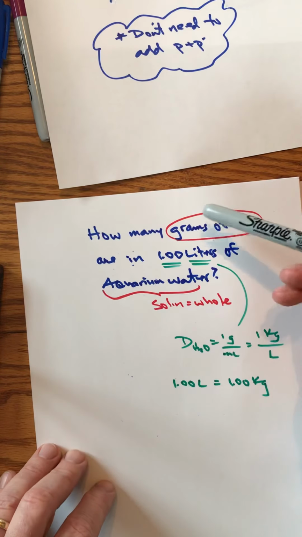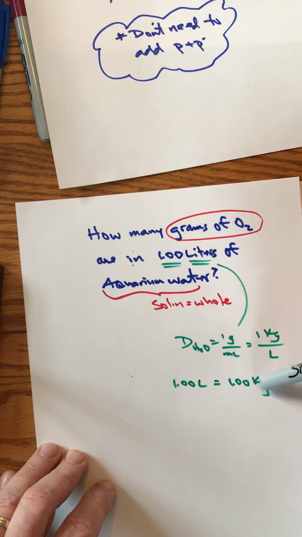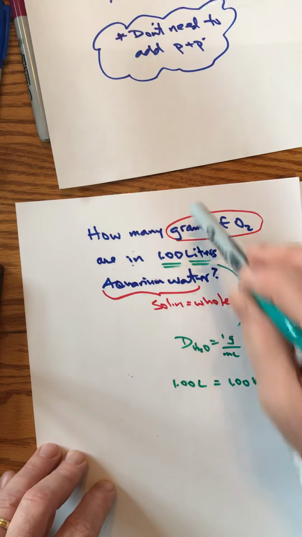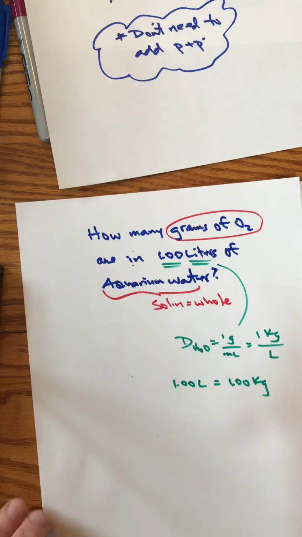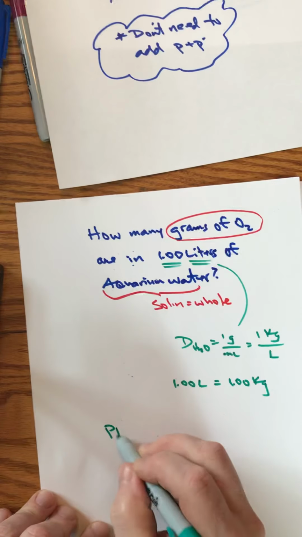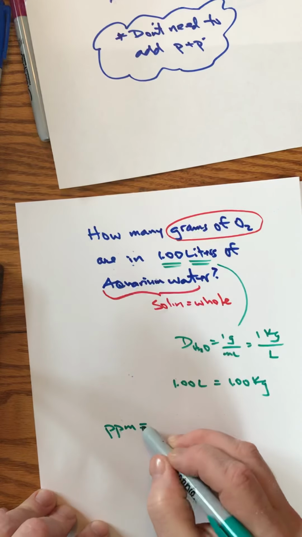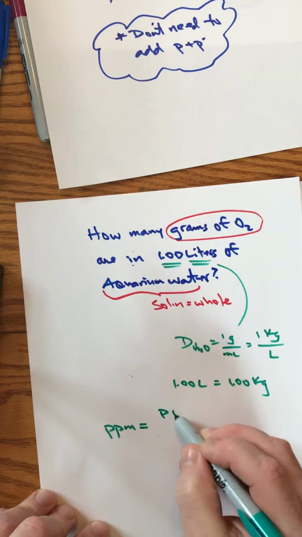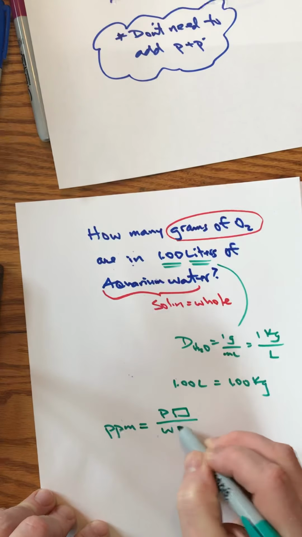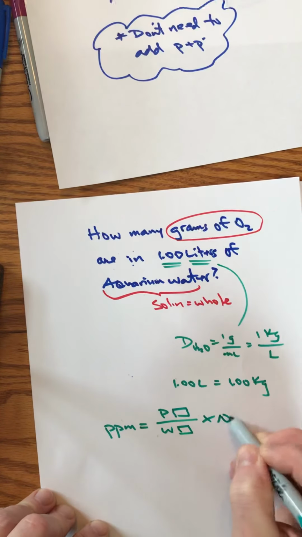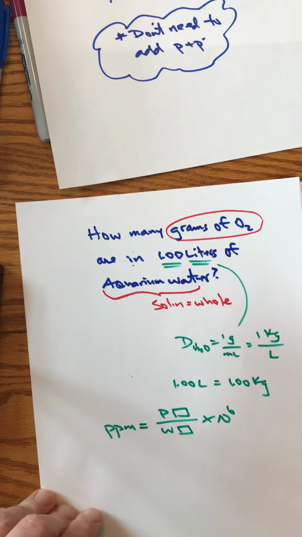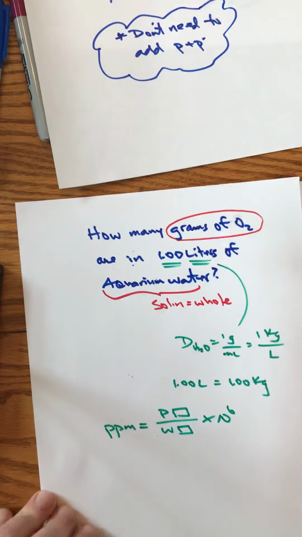So now we've got grams of oxygen and kilograms of solution. It's apples to apples. Whatever your parts per million are expressed in, that unit of mass here has to be the same as the unit of mass here, and then you go times a million, which is 10 to the 6th power. So you need to convert one or the other to get that ratio.